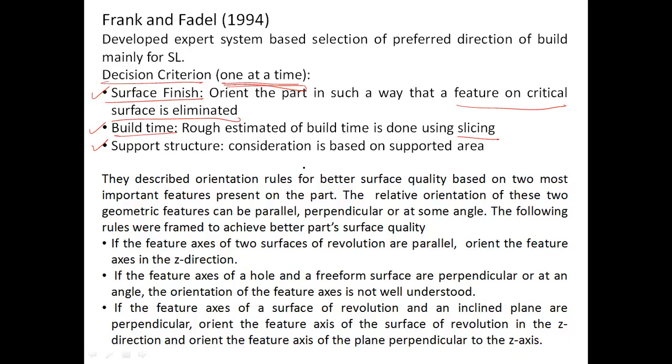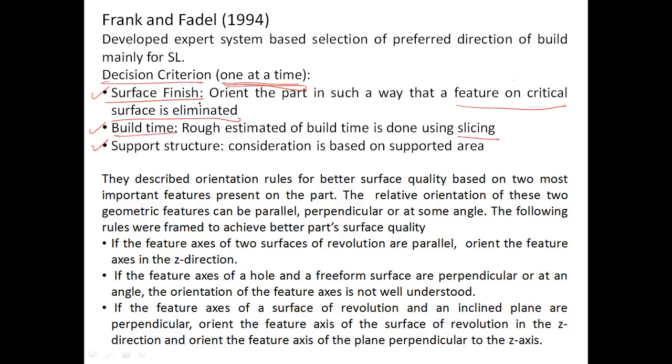Now, support structure was based on the area that would be needing support. Suppose I'm making an inverted L section, so I have to find out this cross section that will be needing the support. Based on this cross section, I will decide whether the support is needed or not. There is no mathematical background for deciding on any of these criteria basically.